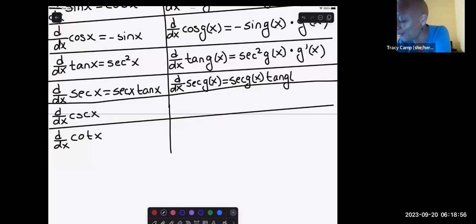Yeah, I have room. And then, because I don't just have an x there, I have a g of x, multiply by g prime of x. This one I have less room, so I have to be more careful.